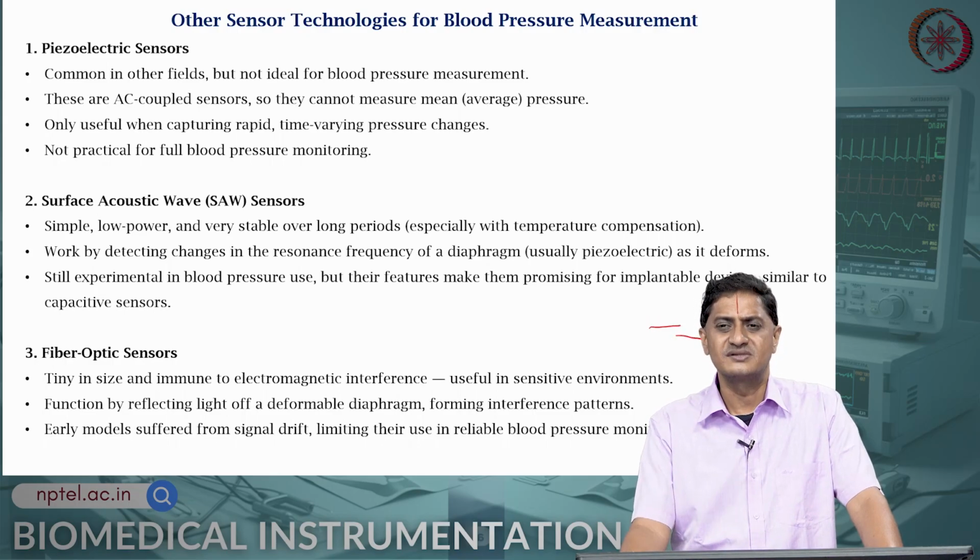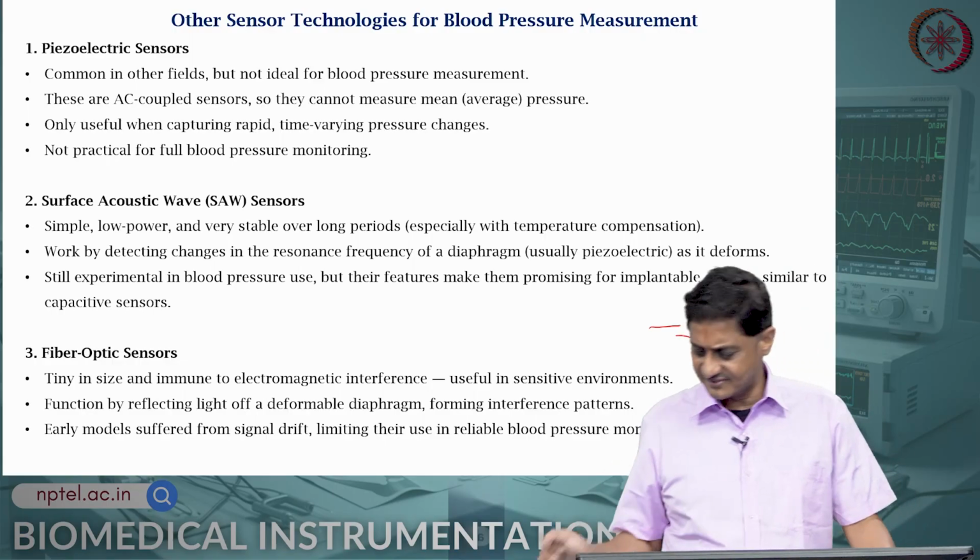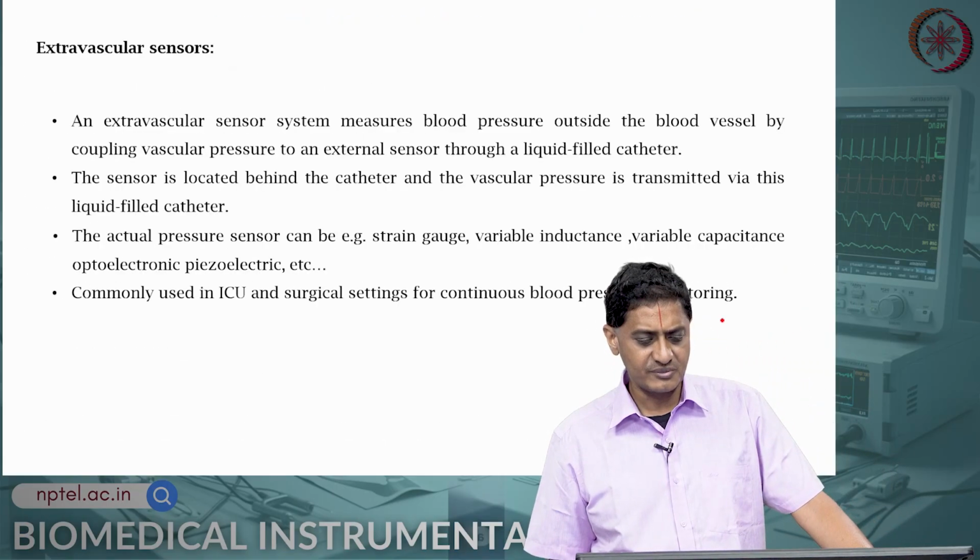So, earlier they used to have challenges with the reliability of blood pressure measurement. Now these are also being addressed. These are some of the other sensor technologies that are available for measuring blood pressure.